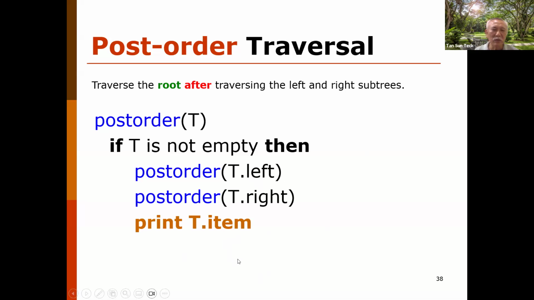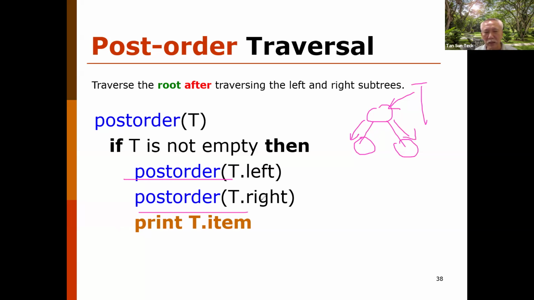Now, most of the time, if you have a recursive algorithm, you can always convert it to an iterative one. So how do you do this? Just to give you some hints. The idea is you have a T down here. You go down to the left subtree, and then you want to go down to the right subtree.